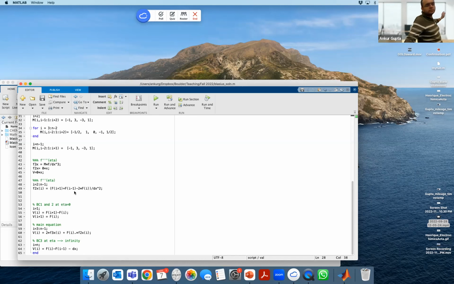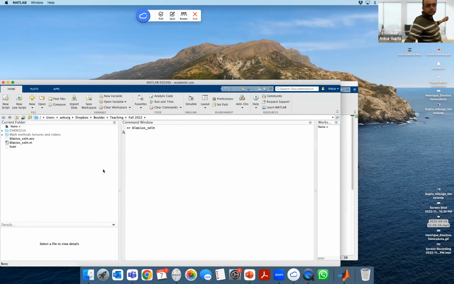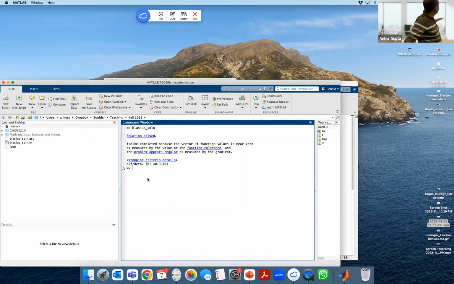You don't have to worry about this; it just shows that when you let it run, I used the nonlinear solver, and the f double prime 0 I get is 0.3319, and the one that books report is 0.332.